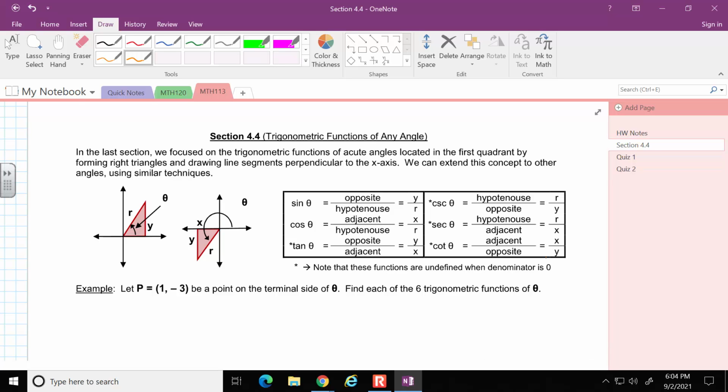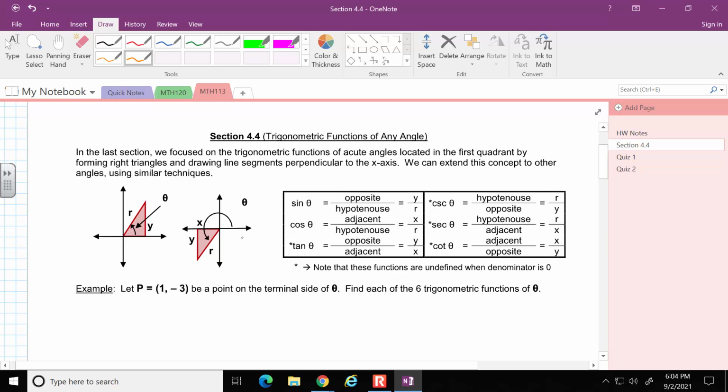We formed right triangles, and we said, hey, we're going to drop this line from the end of our angle down to the x-axis. So you can see here this line, and we did triangles. And that's what 4.3 was about, which is my technique usually for solving these trig functions.